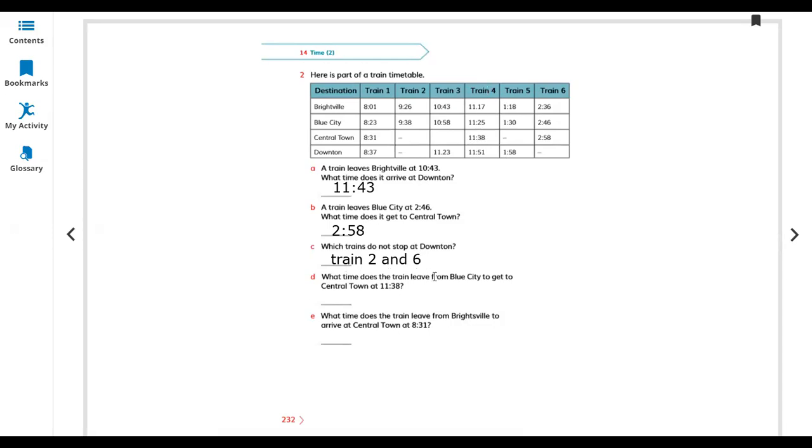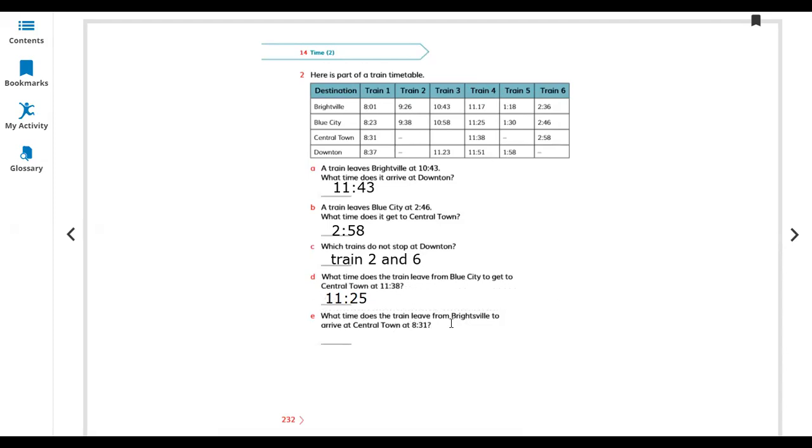So what time does the train leave from Blue City? So it's 11:25. Train 4 leaves Blue City at 11:25 and arrives at Central Town at 11:30. So we write here 11:25.